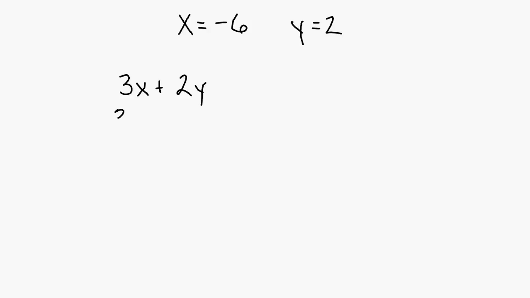So this would mean 3 parentheses negative 6 plus 2 parentheses 2. So 3 times negative 6 would be negative 18, plus 2 times 2 would be 4. And then negative 18 plus 4 is negative 14.